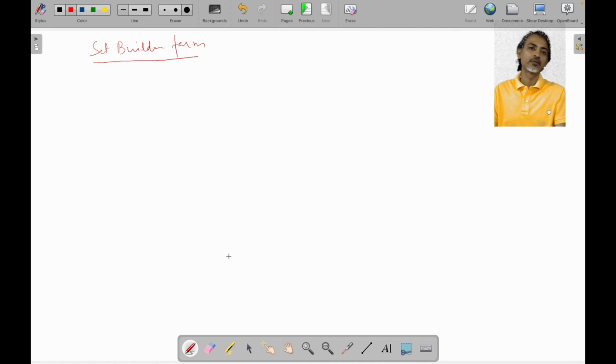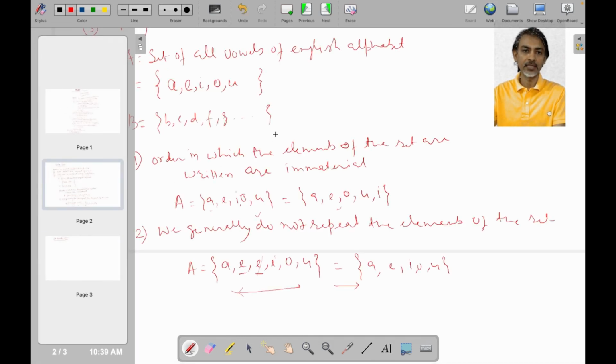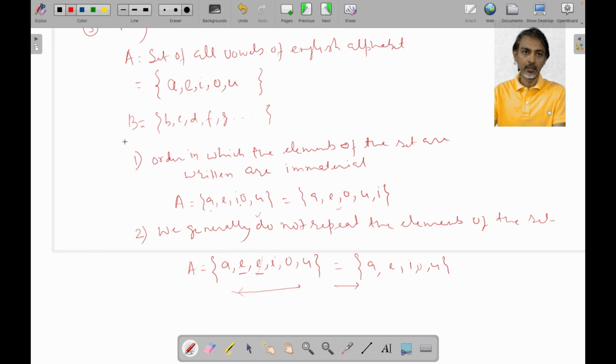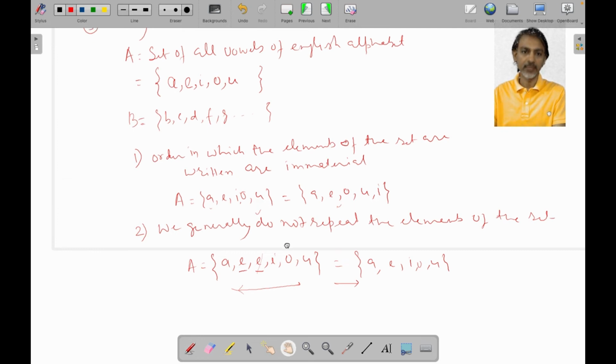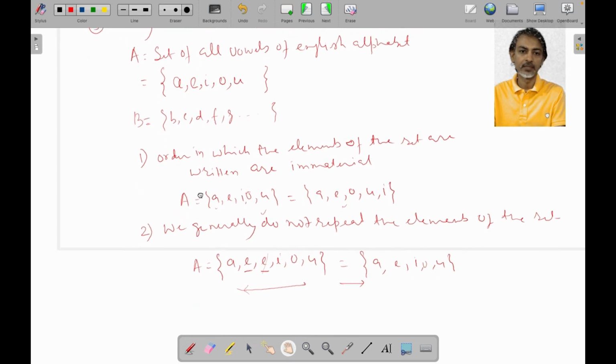Even prior to going to set builder, I just want to explain that there will be a lot of collections which cannot be represented using my roster or tabular form. While we are writing sets like this, you could see the examples I have written are generally English language related examples.